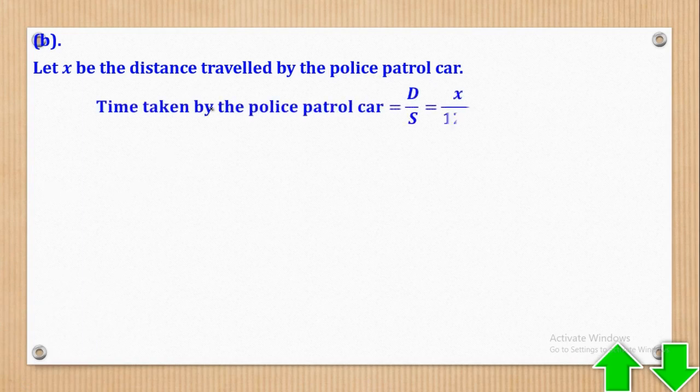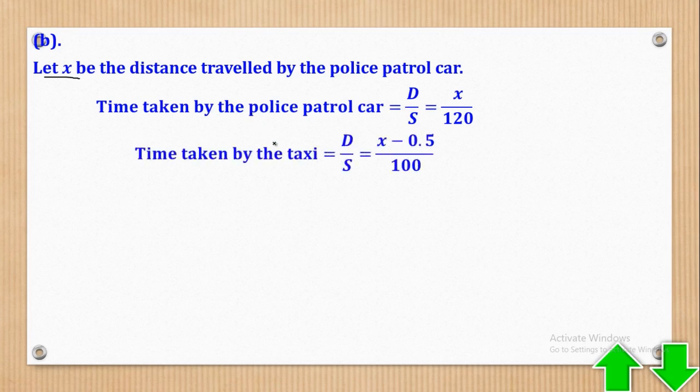That means the time taken by the police patrol car will be equal to distance over speed, and the distance was x, and the speed was 120 kilometers per hour. So that will be the time taken by the police patrol car.